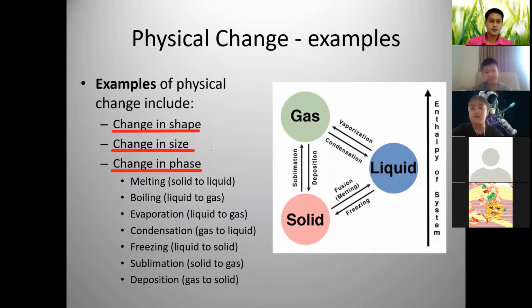Examples of physical change. The first one is melting. Melting is changing from solid to liquid. Can you give me an example of things or materials that we can change from solid to liquid?